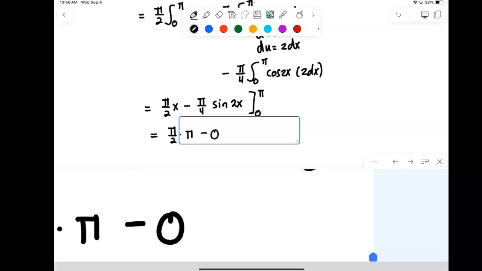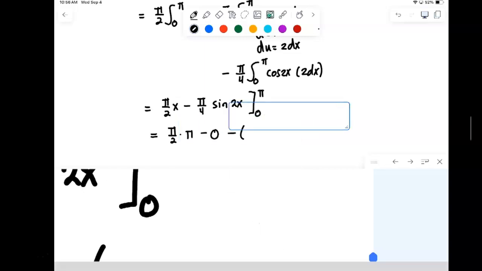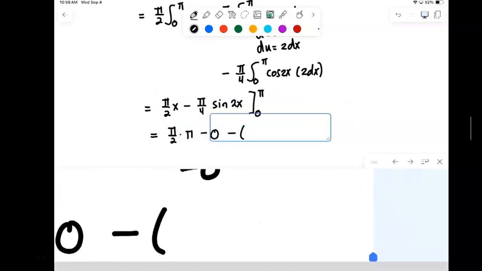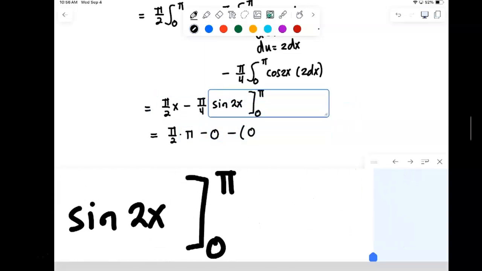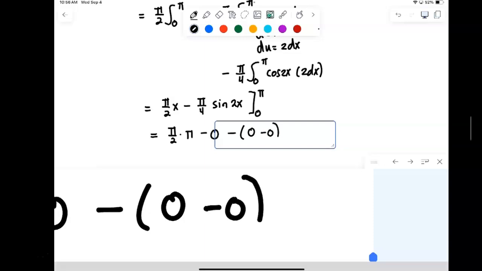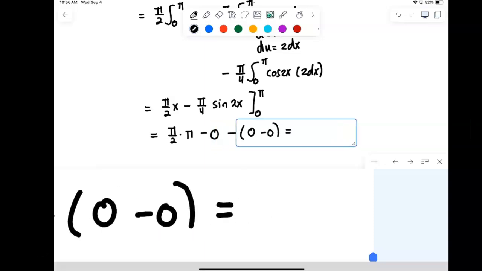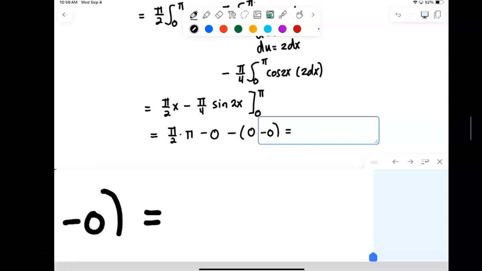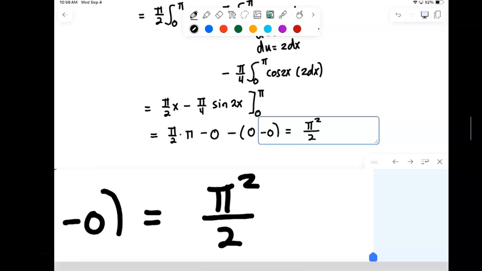And then minus, plug in 0: pi over 2 times 0 is 0. Sine of 0 is 0 as well. So it turns out the volume beneath the sine is actually pi squared over 2.